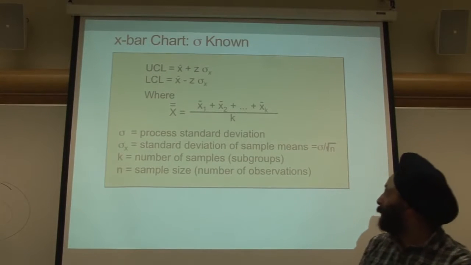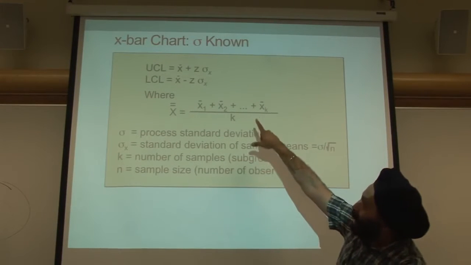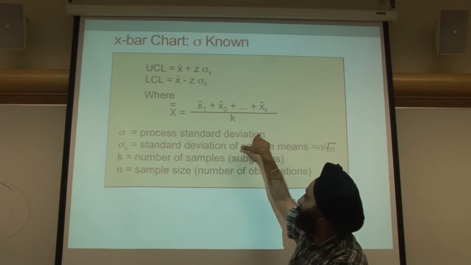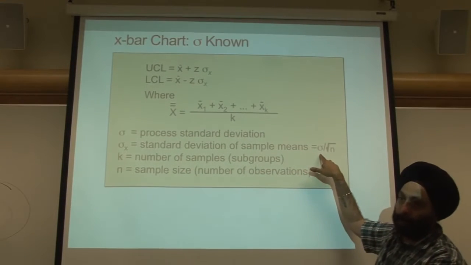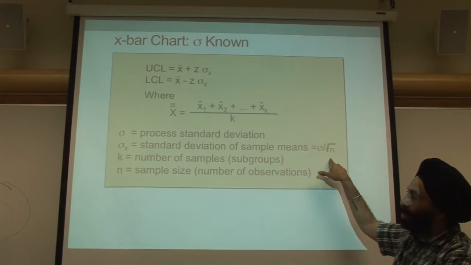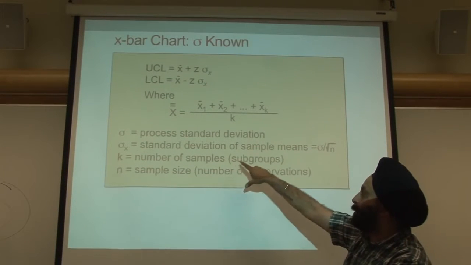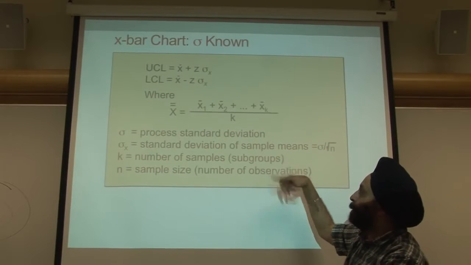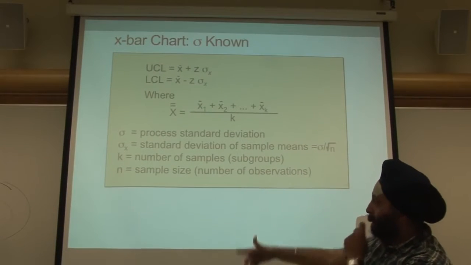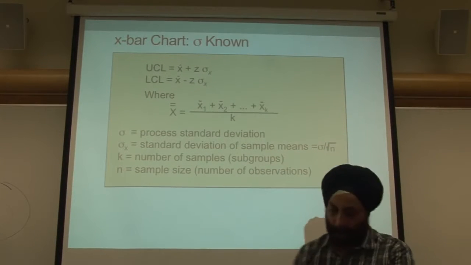You have the process standard deviation, divide it by the square root of n to come up with the standard deviation of sample means, and come up with the value.